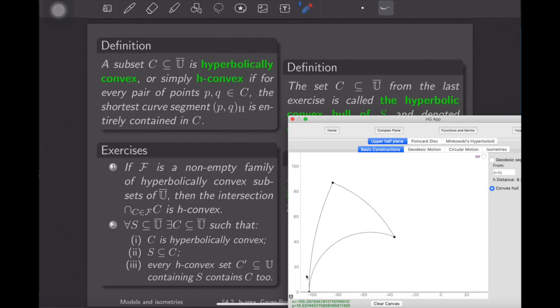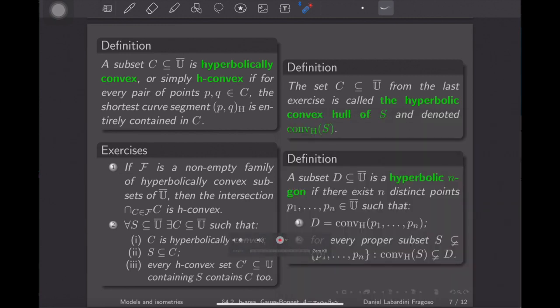For instance, this hyperbolic triangle that you are seeing here, which is this part inside, which is h-convex, and it's the convex hull of these 3 points, has two finite vertices and one point at infinity as another vertex. Right? So that's the point here, to allow points at infinity to be vertices of polygons.